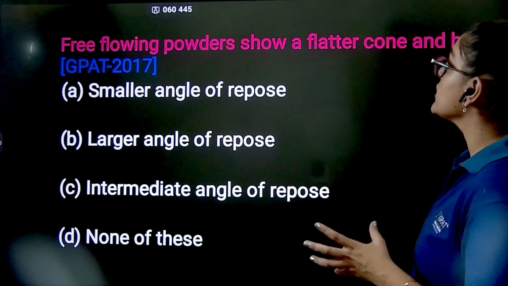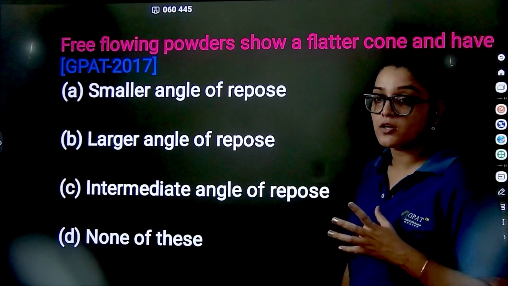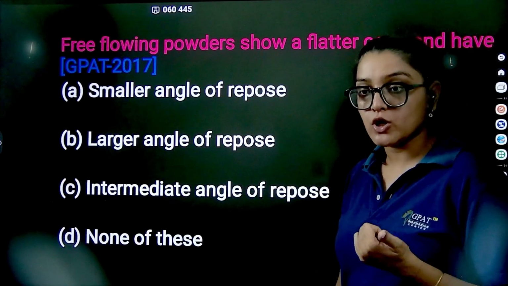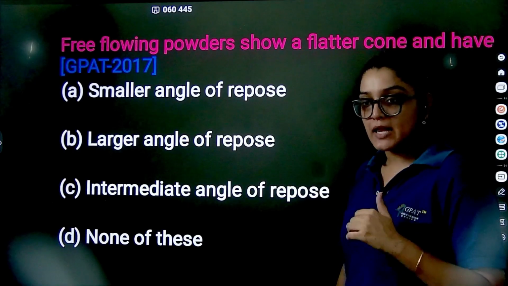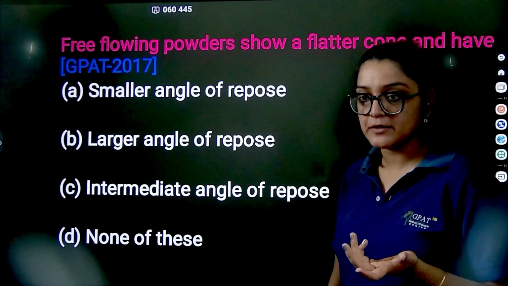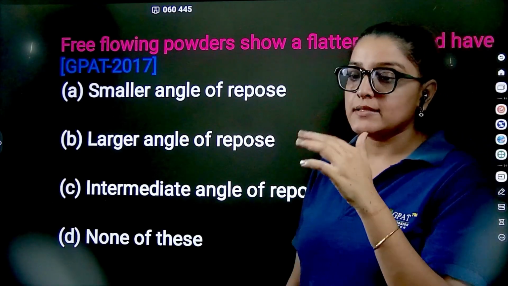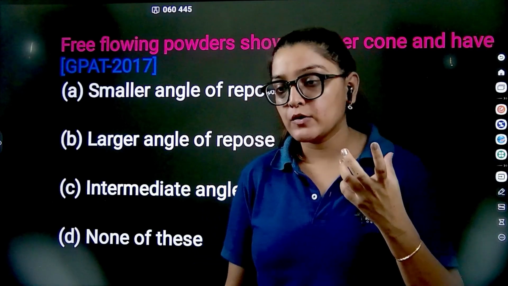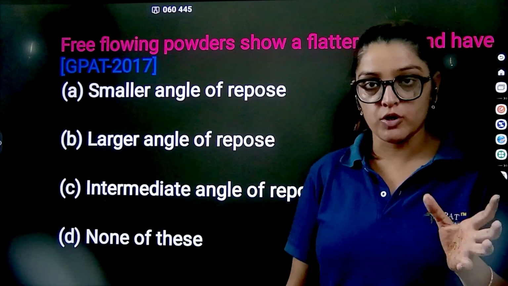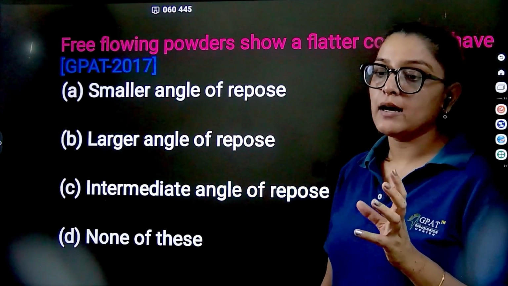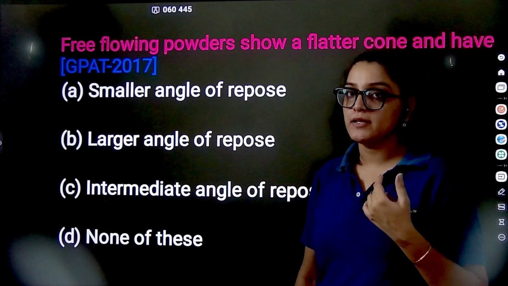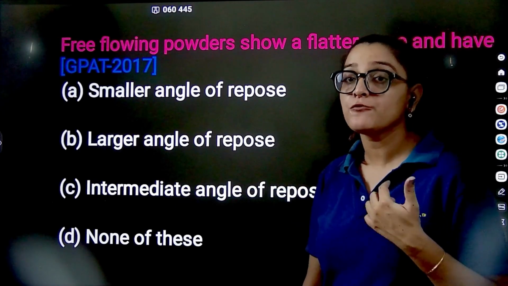Next, free flowing powders show a flatter cone and have: smaller angle of repose, larger angle of repose, intermediate, or none of these. See, if the powder flow is not good, that means here the angle of repose would have been larger, but it says the powder is free flowing.